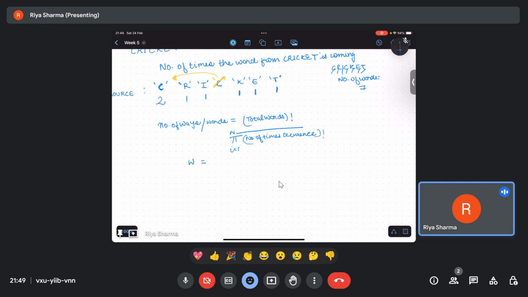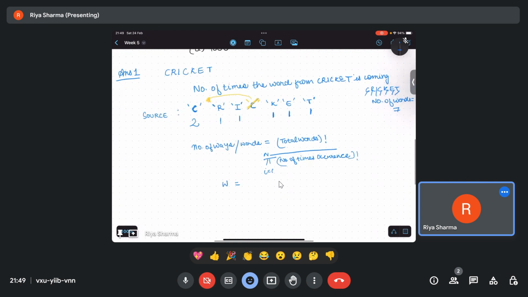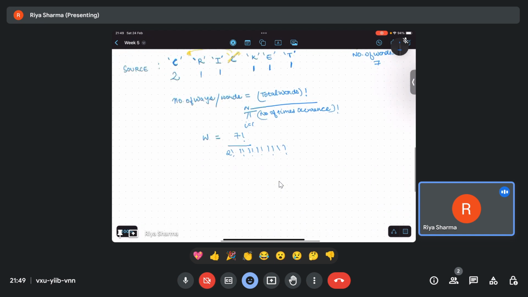So what would it be? It will be 7 factorial divided by 2 factorial, 1 factorial, 1 factorial, 1 factorial, 1 factorial, 1 factorial. So please calculate this.